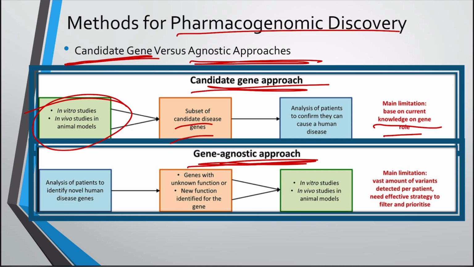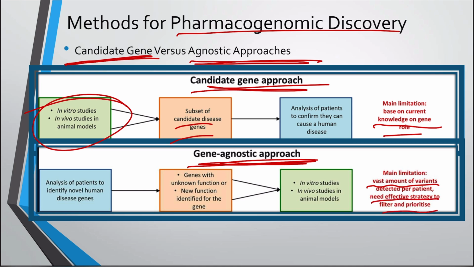Whereas in the case of the gene agnostic approach, it is a method of analyzing the whole exome and the whole genome of the individual with no panels or other preconceptions. That is, there will be no previous perceptions about the presence of the variants and the location of the variants which are responsible for causing that particular condition. So the limitation here is that it takes a lot of time and a vast amount of variants will be detected, and we need an effective strategy to filter and prioritize those variants.